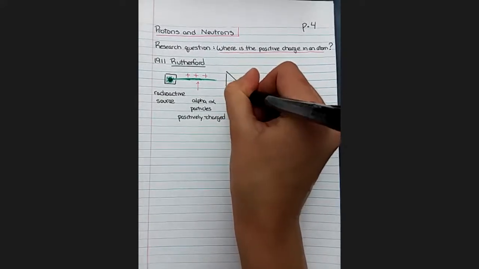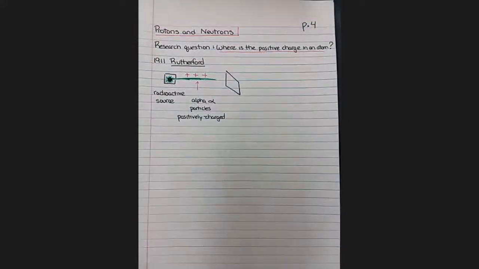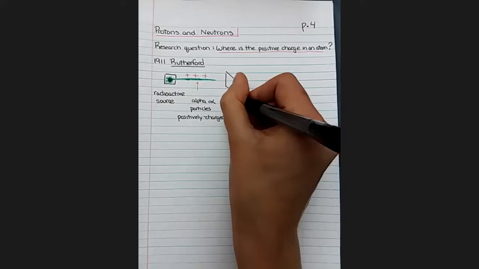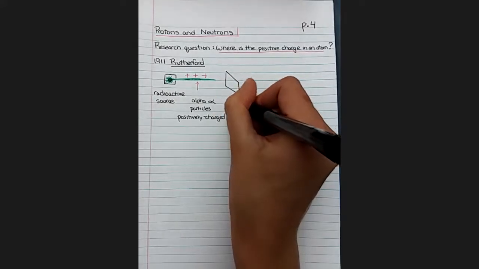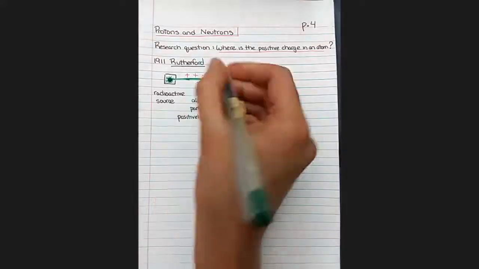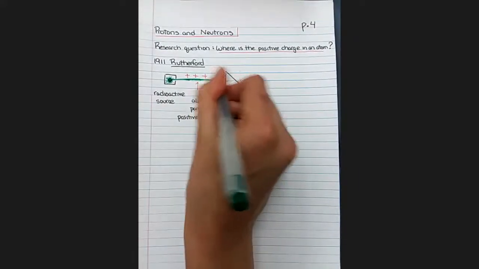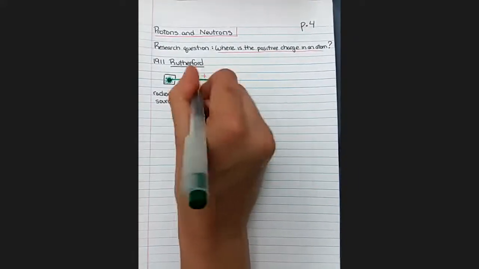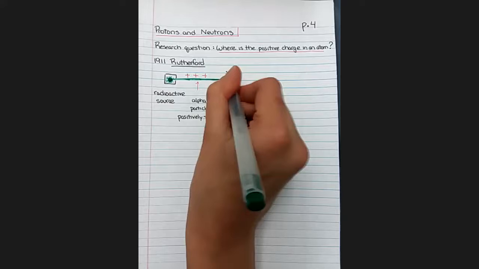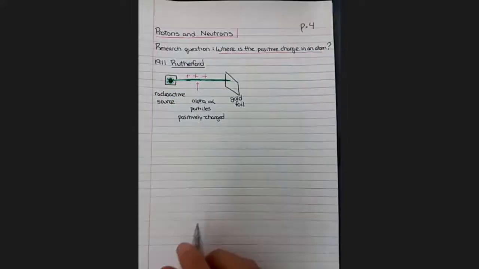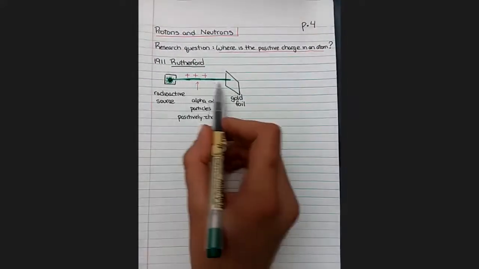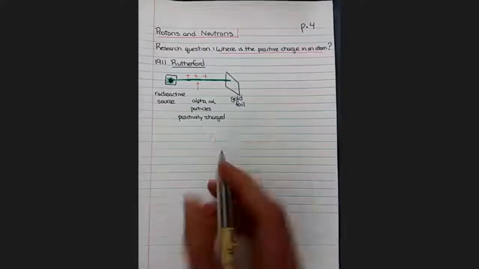The thing those positively charged particles were shot at was a very thin piece of gold foil. You may know gold is one of the heaviest atoms that exists, so those are pretty heavy atoms making up that foil sheet. These positively charged particles were shot at this piece of gold foil to see what happens.